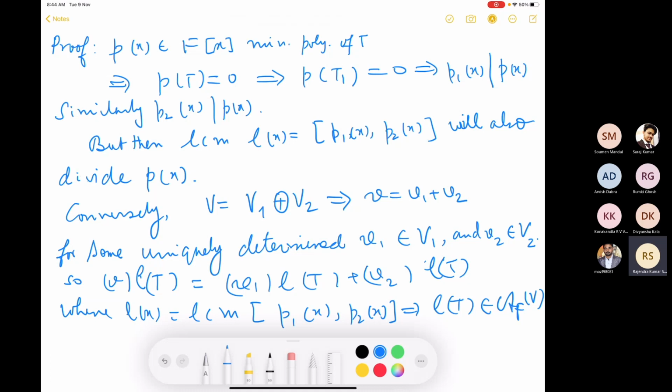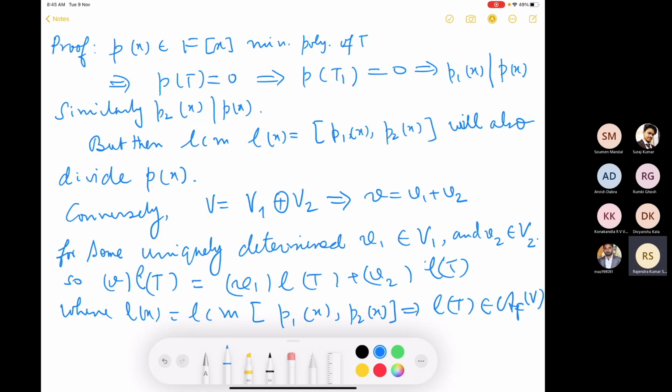Since we know that P1 and P2 divide L, therefore v1 L(T) will be 0 and v2 L(T) will also be 0.